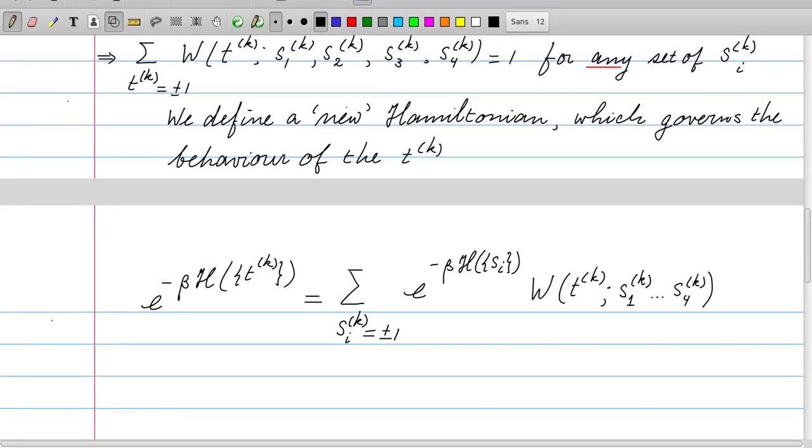Here is my new Hamiltonian. It's defined as follows. We take first the Boltzmann factor of the original model. So we have a configuration of fine spins, Si. I have left out the K superscript here because it's simply all the spins in the system. We calculate the appropriate Boltzmann weight, and we sum over all the possible configurations of spins in the system, so all the spins being plus or minus.